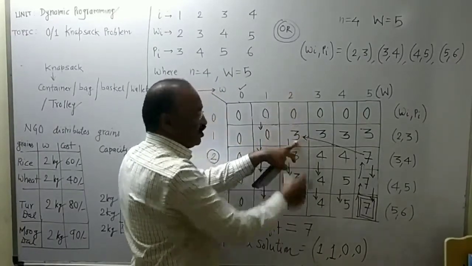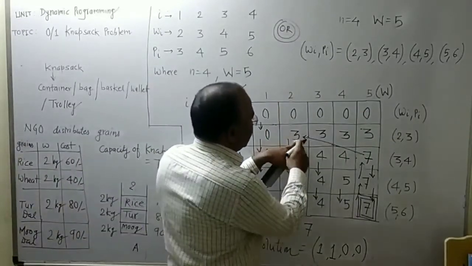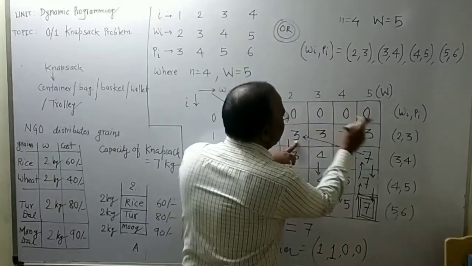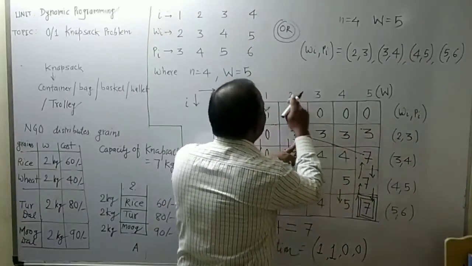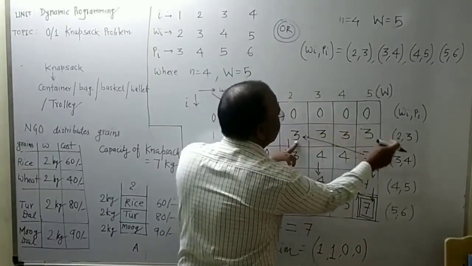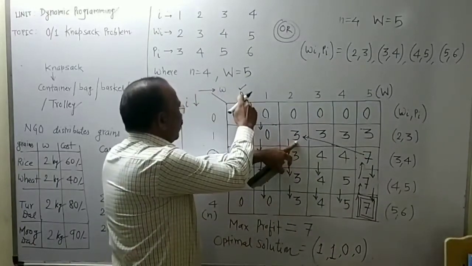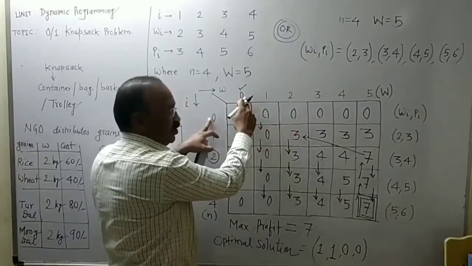Now from this we have to go to the previous row. For that, find out the column. Now here you will get the column by subtracting 2 from the column number, that is 2 minus 2, which is 0. So 0 is the column number we have got, and the row will be the previous row, that is 0.